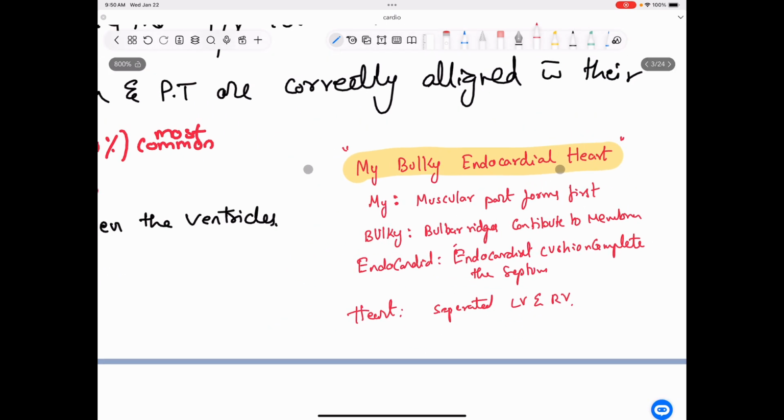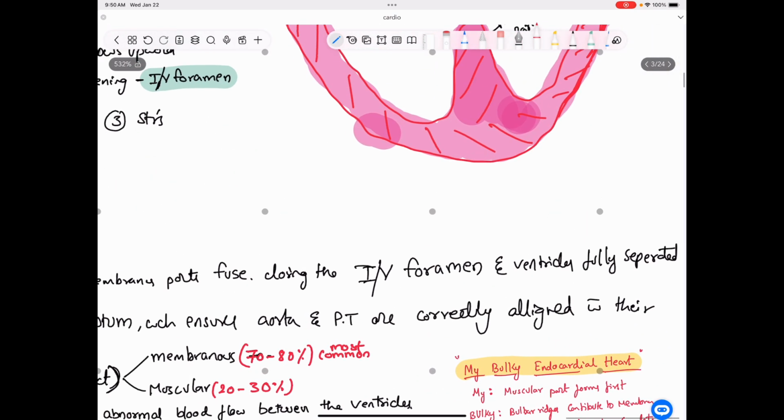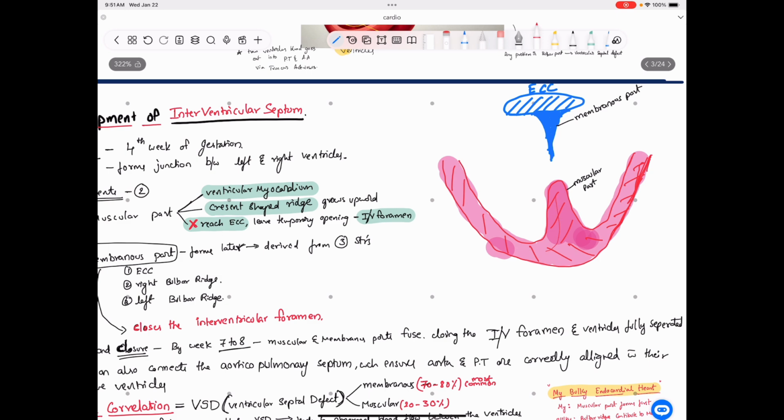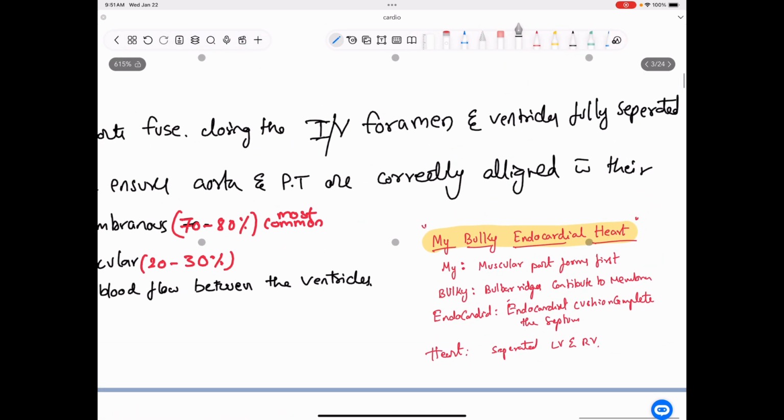So that is my bulky endocardial heart. My stands for muscular part forms first. You see here, this muscular part forms first. Bulky is bulbar ridges contribute to the formation of the membranous part, and endocardial cushion completes the septum.